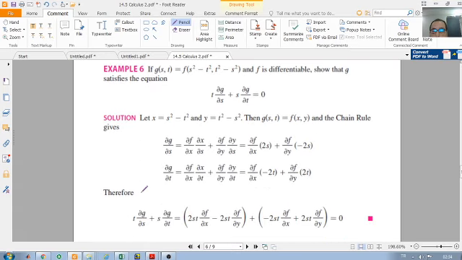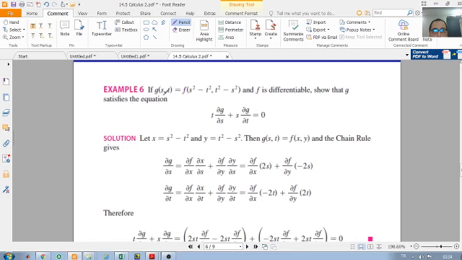Another example, let's consider this function g(s,t), given as the value of another function f by writing s squared minus t squared and t squared minus s squared for the independent variables of the function f, and we know f is differentiable, which means we can take the partial derivative of f with respect to its independent variables.